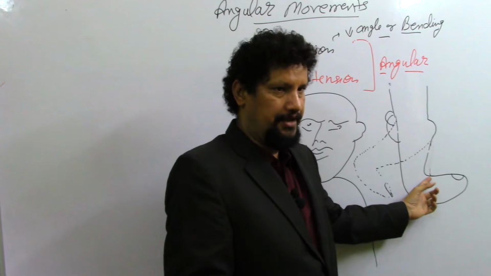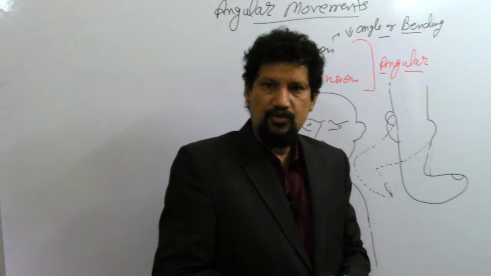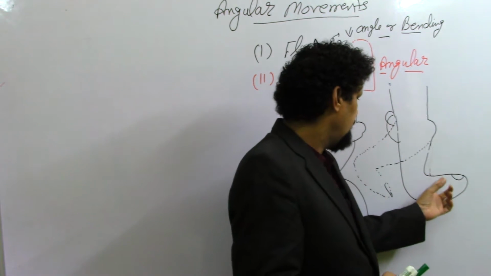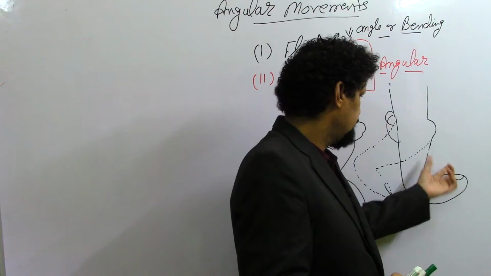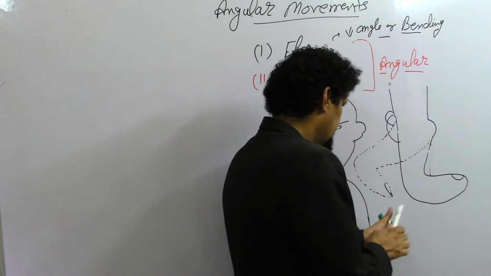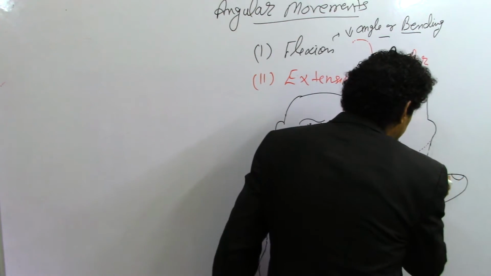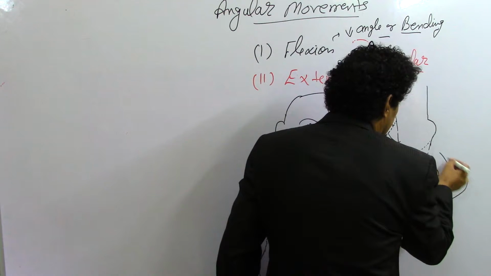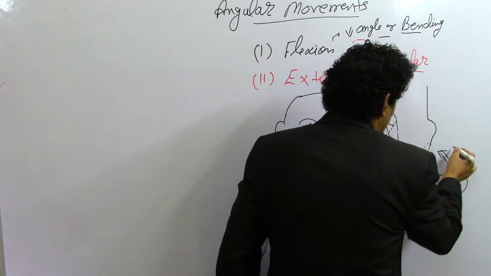In the case of the ankle, we can see the flexion of the foot upward, decreasing this angle. Here is the flexion.